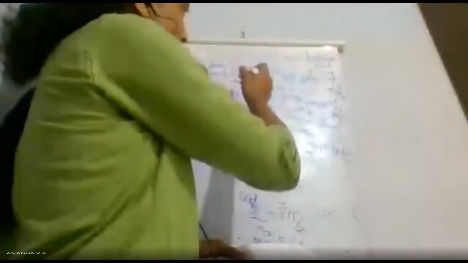So amplitude must be maximum when we normalize this electric field. Amplitude must be maximum means 2j E naught.